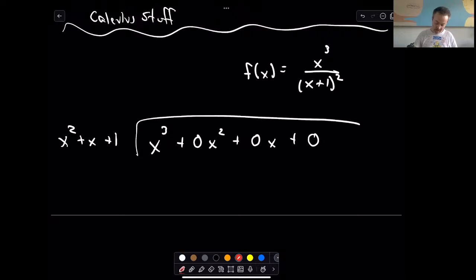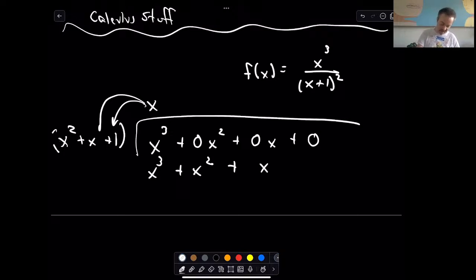So x squared times what is x to the third? Well, I'm going to need an x. And then I distribute that to everything. So x times x squared is x to the third. x times x is going to be 1x squared, and x times positive 1 is going to be positive x. And then you subtract everything.